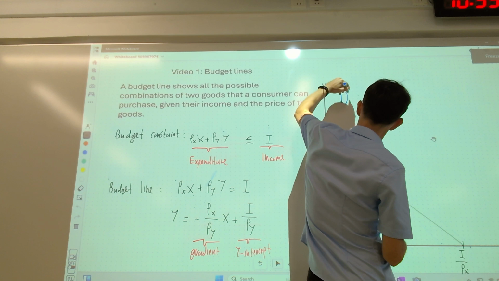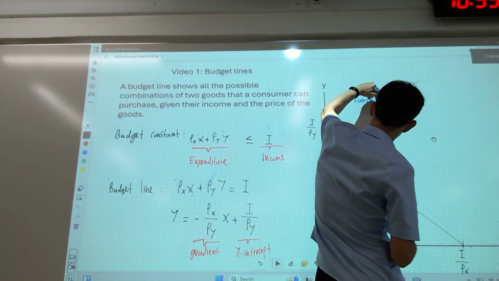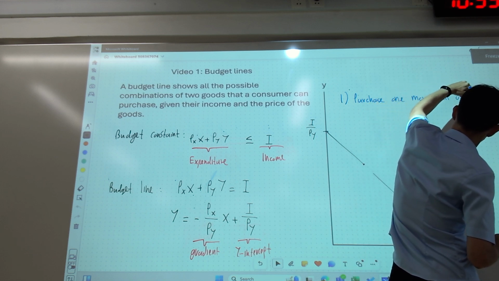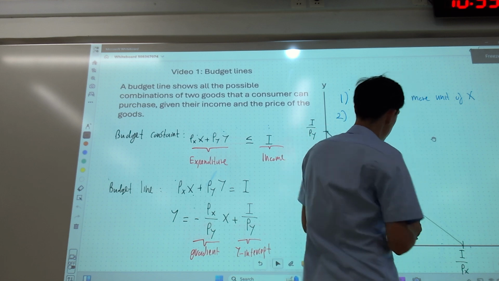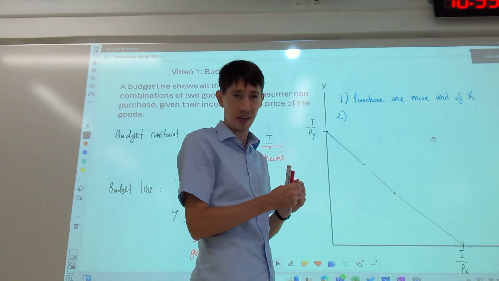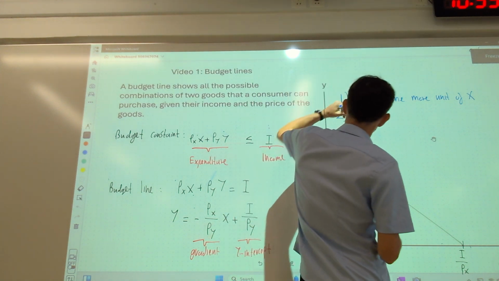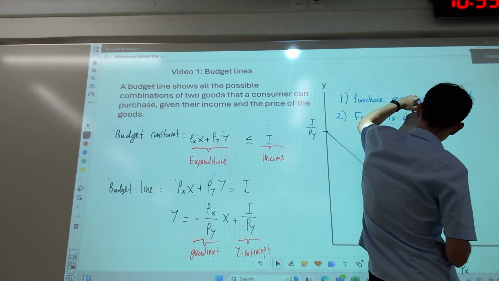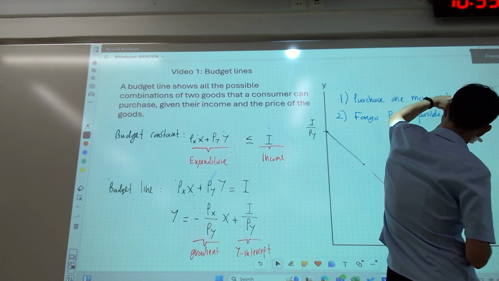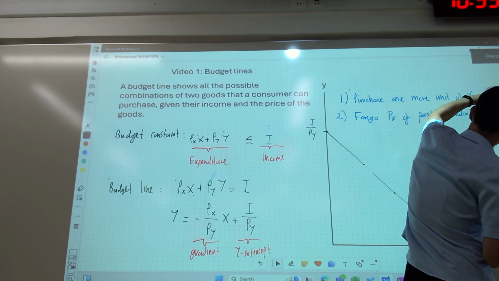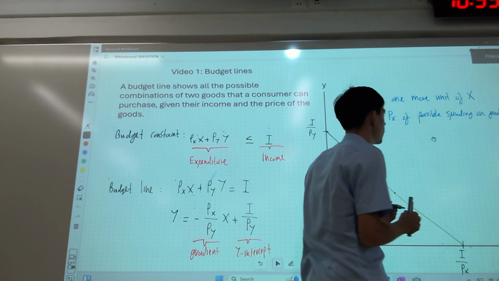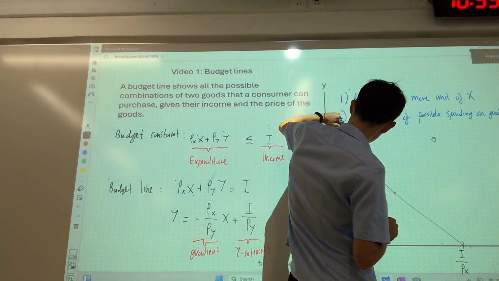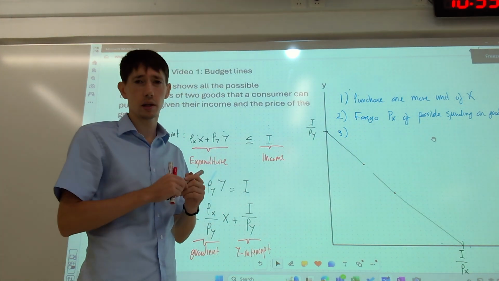So imagine that we consume, or we purchase, one more unit of X. That means, of course, that we are spending Px more on X. So we forgo Px of possible spending on good Y. Right, the opportunity cost of buying one more unit of X is you give up Px of possible spending on good Y.